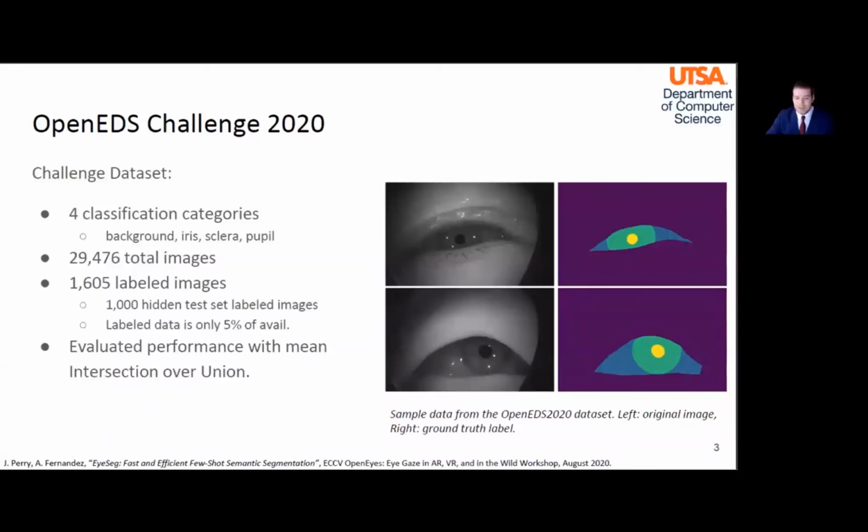The labels comprise 4 different classes per sample image: background, iris, sclera, and pupil. The dataset has roughly 29,000 images, and only 2,600 of those are labeled, 1,000 of which are within a hidden test set.